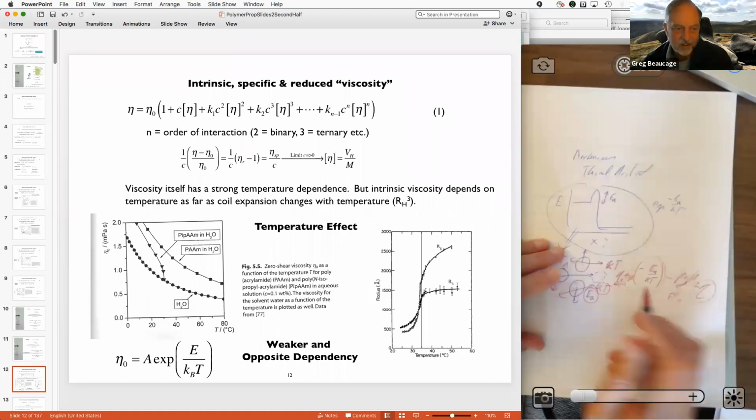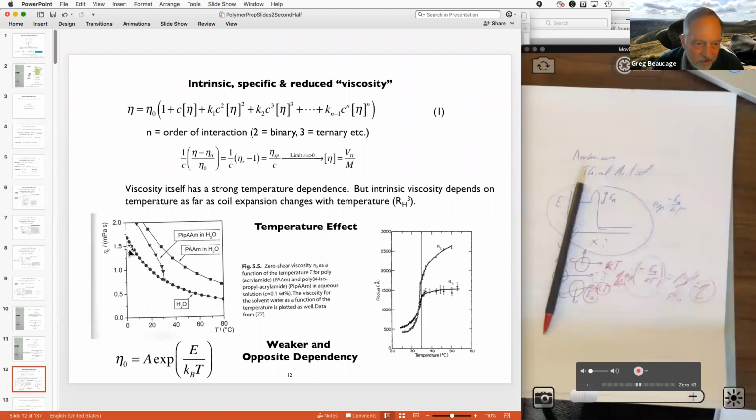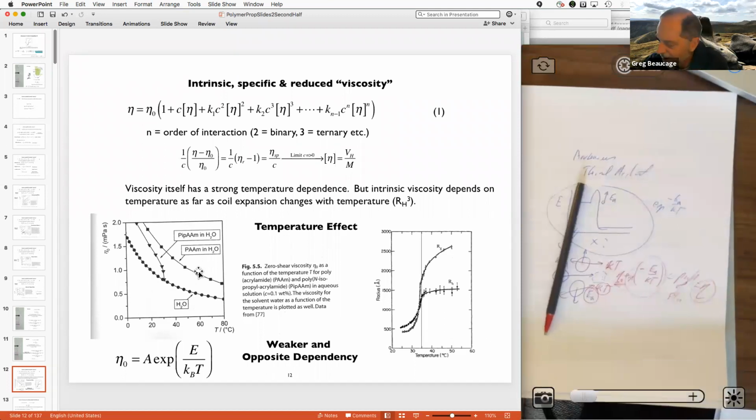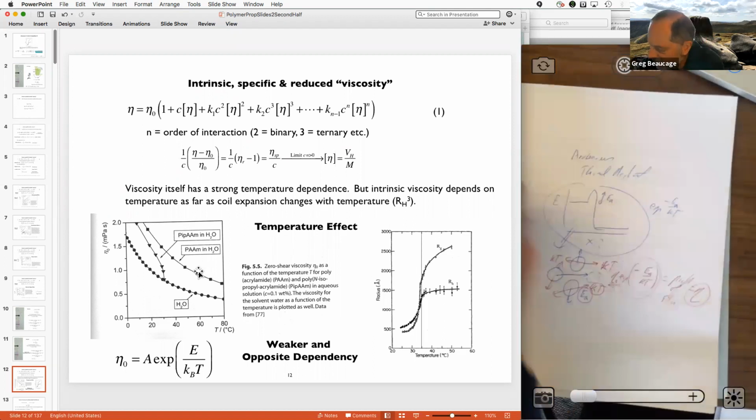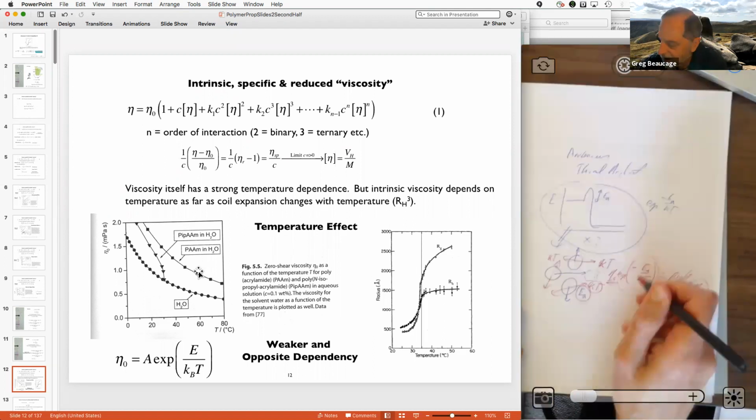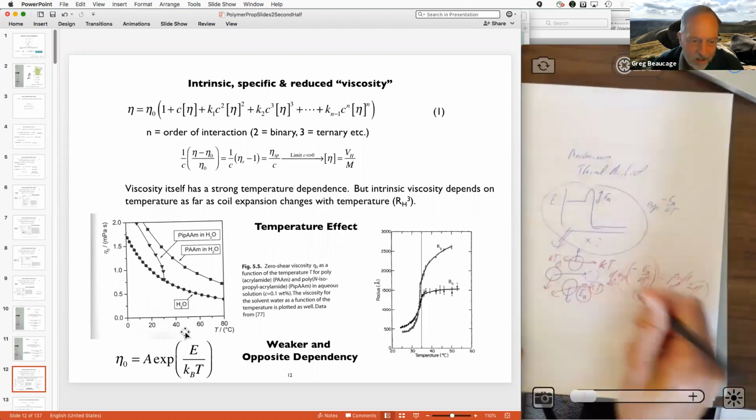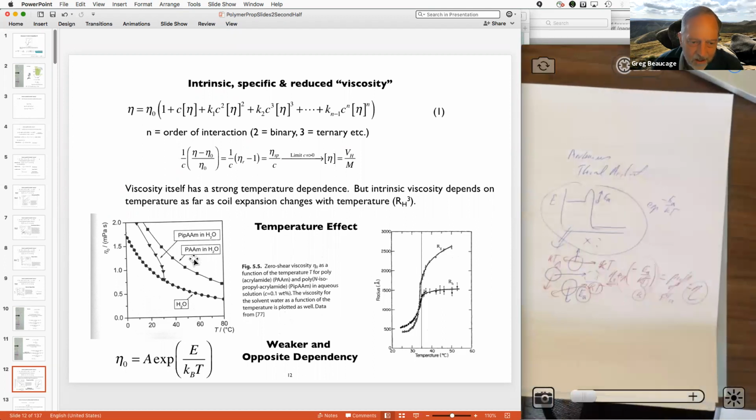Right, so you can see that the viscosity drops exponentially with temperature. This is absolute temperature, right? So you have to do this in Kelvin. And you can easily verify this with anything. When I teach a lab, we verify this with PDMS. It's pretty simple.